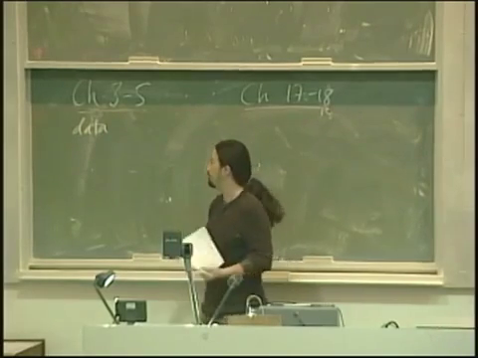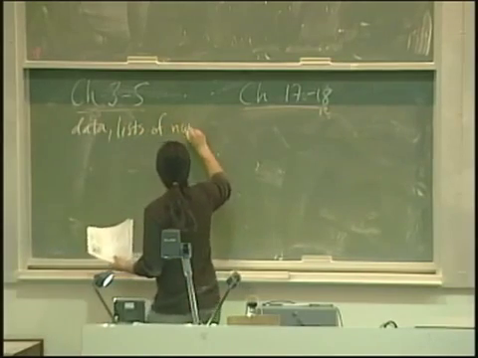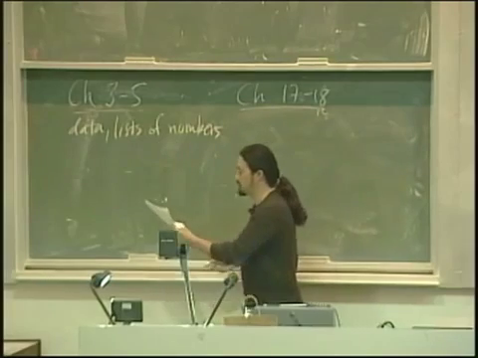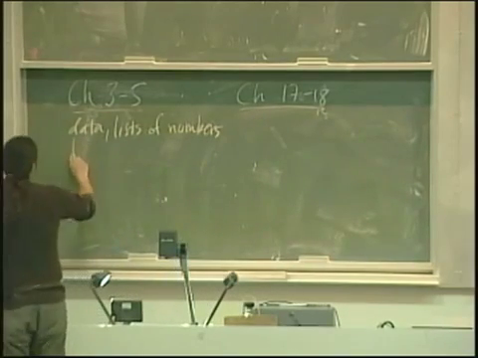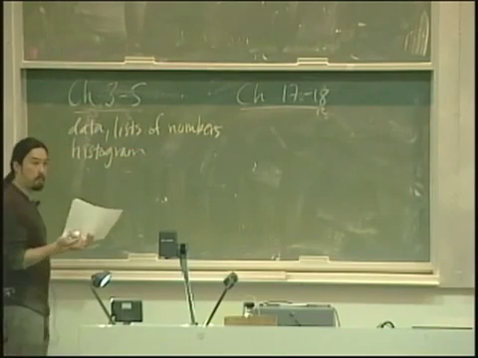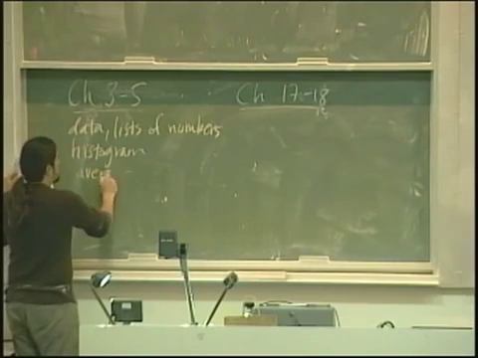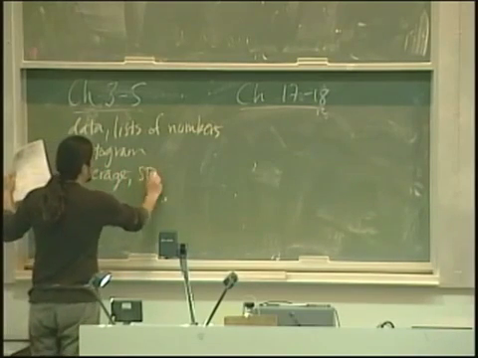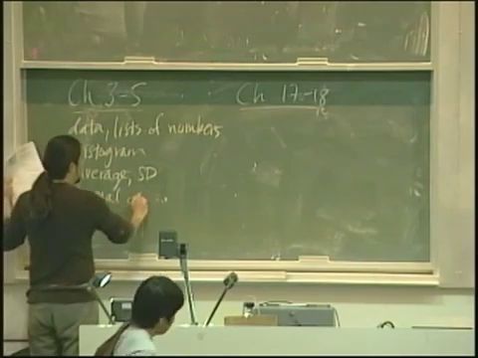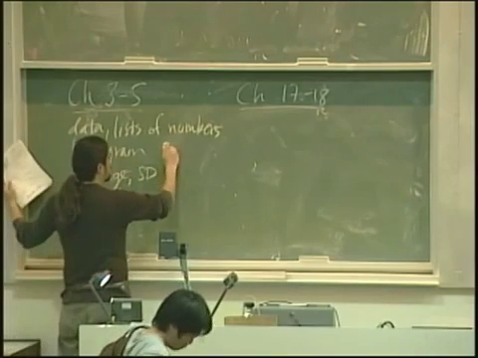You have some lists of numbers, and for the data we can find a histogram, which is just a picture of the data. We can find summary statistics like average and SD. And we can do some stuff with the normal curve. So roughly, this is what's in chapters 3, 4, 5.